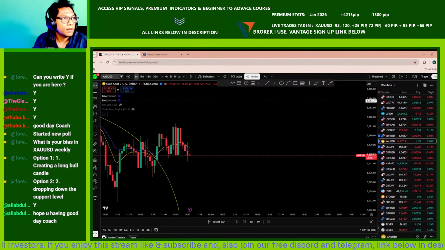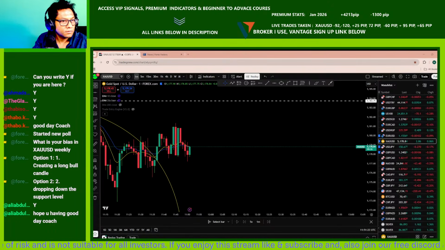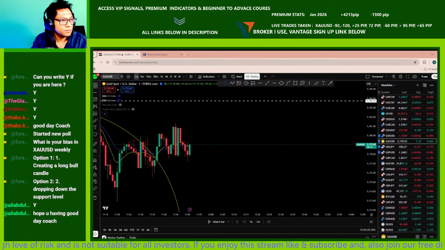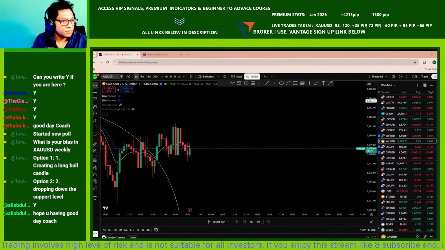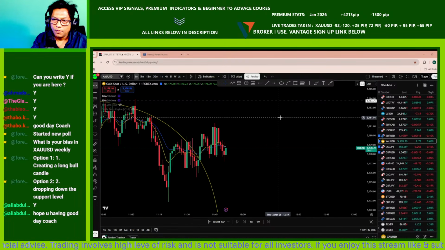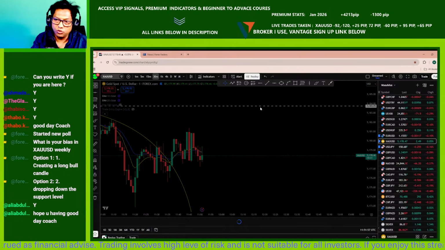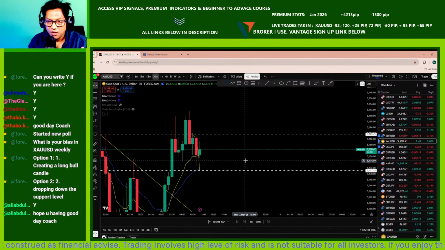Getting off that level. Okay, so with this consolidation, if you look at the market from this lower time frame, it is trying to bounce off this support level.